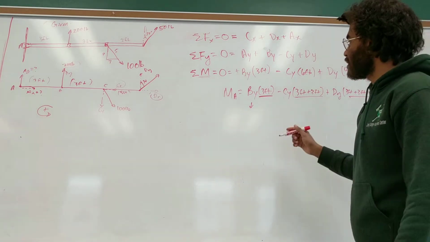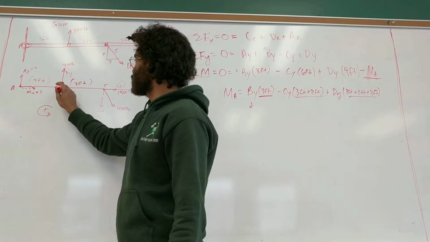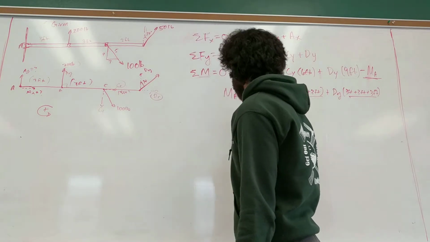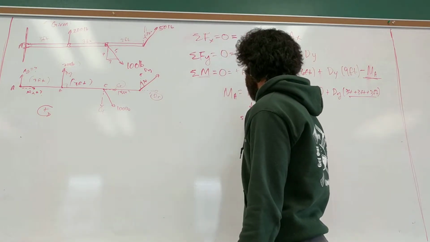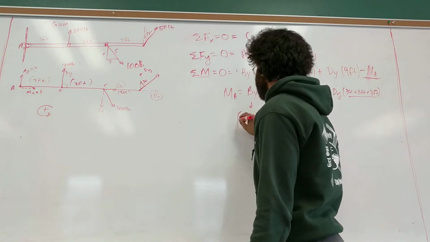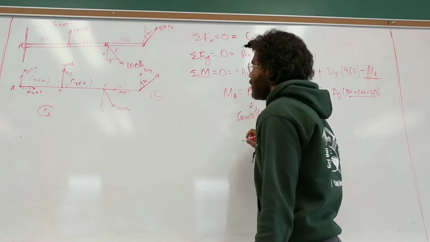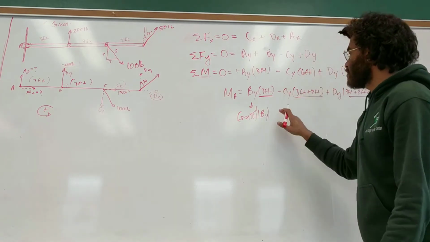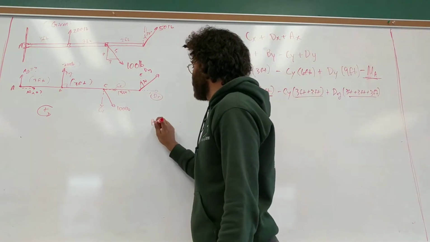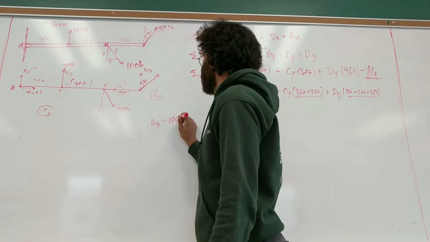Well, BY is at 90 degrees, so we're going to say BY is equal to sine 90, which is just 1, times BY, the magnitude of BY, right? So that means BY is equal to just 100 lb.